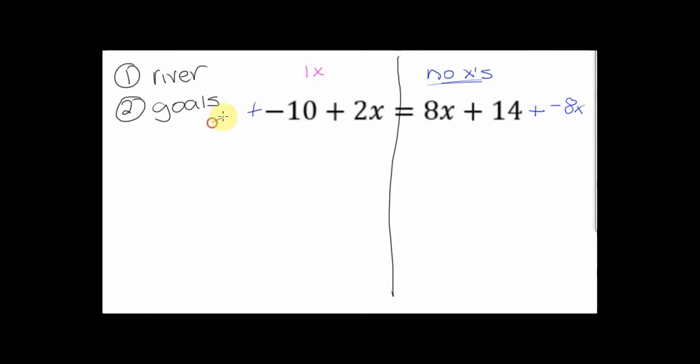By adding negative 8x to this side of my equation, these negative 8x's add with these positive 8x's, and we're left with 0. And 0 added to any number is going to be that number by itself, so I'm only left over here with this 14.